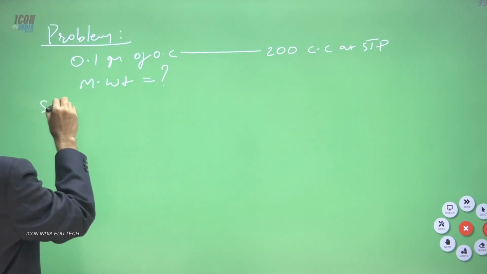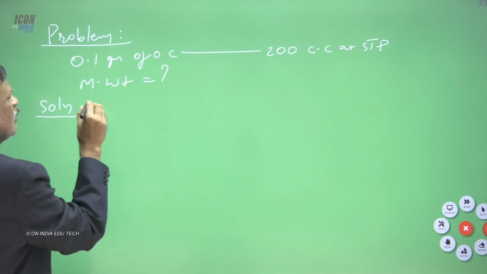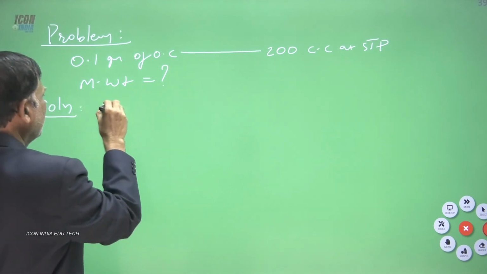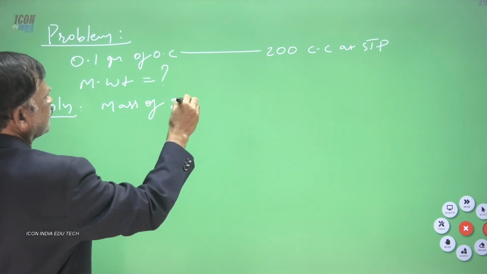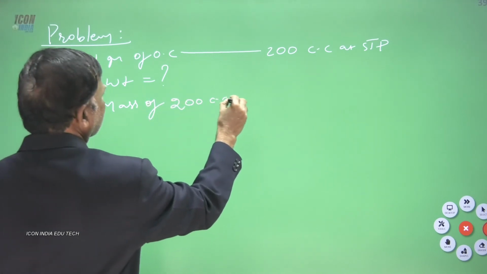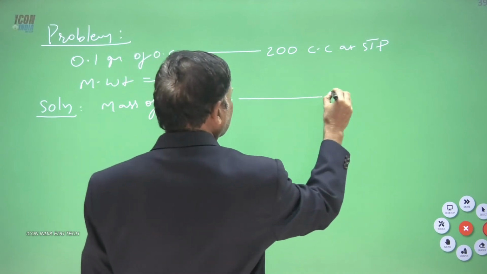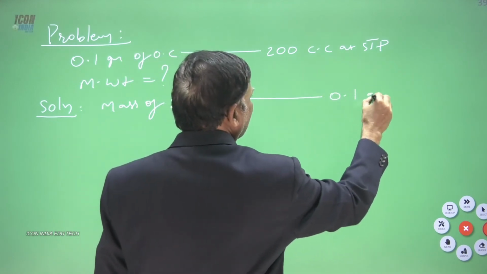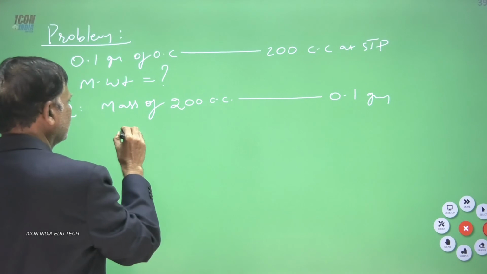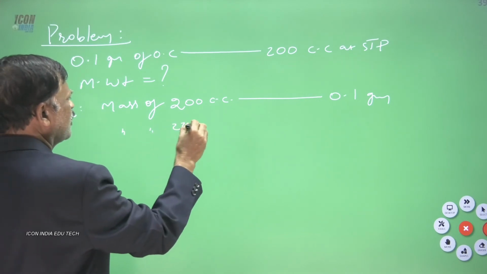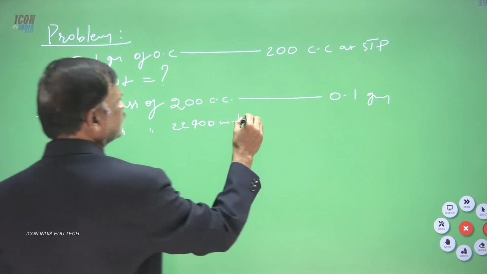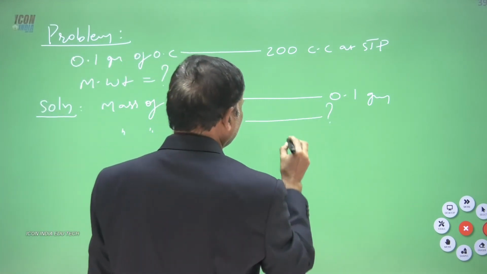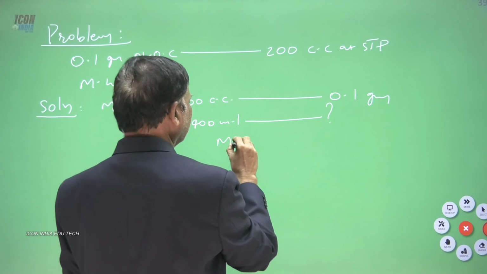So, straight away you can write like this. The mass of 200 cc of organic compound is 0.1 gram. What is the mass of 22,400 mL? That gives molecular weight.